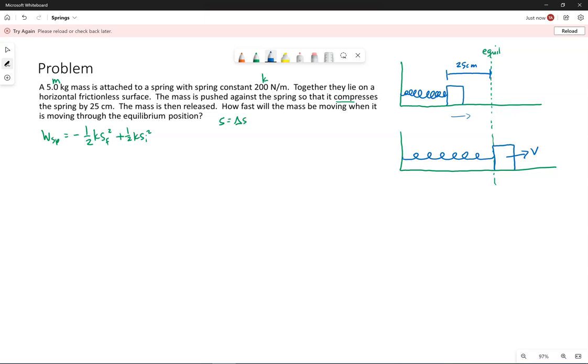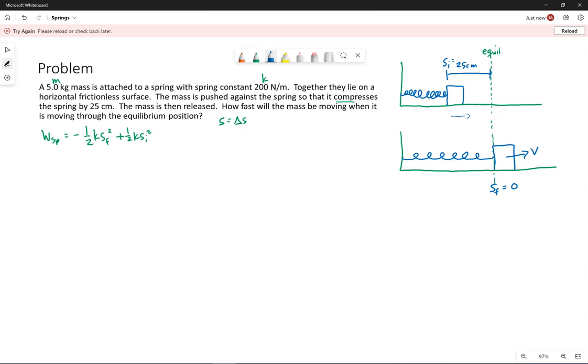But because the spring has been pushing on it, it's accelerating the mass. So as it moves through equilibrium, the speed is there. And it's going to be the fastest the mass will go. So we can say initially, S initial is 25 centimeters. S final is 0 because of this moment in time being as we pass through equilibrium.